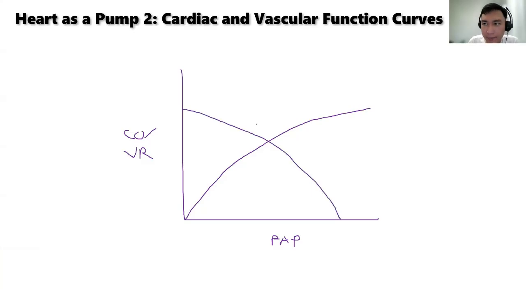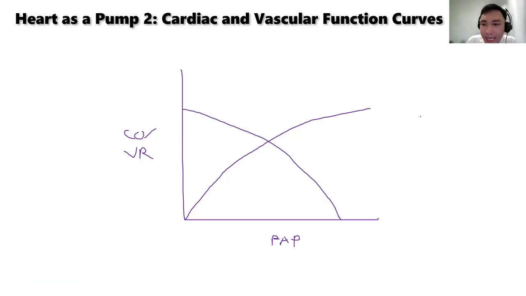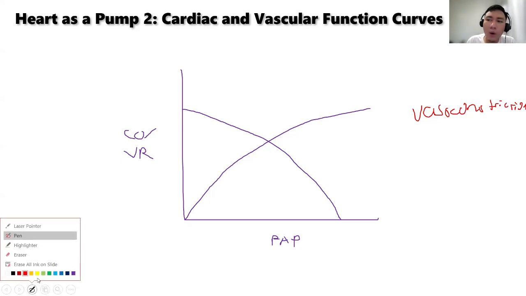What would happen if change natin yung total peripheral resistance? Let's say nag-vasoconstriction tayo. Kung nag-vasoconstriction tayo, we increase the total peripheral resistance, what would happen to our cardiac and vascular function curves?